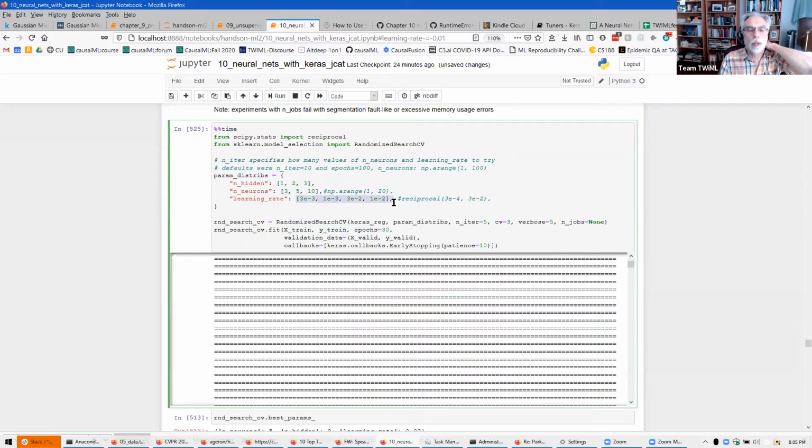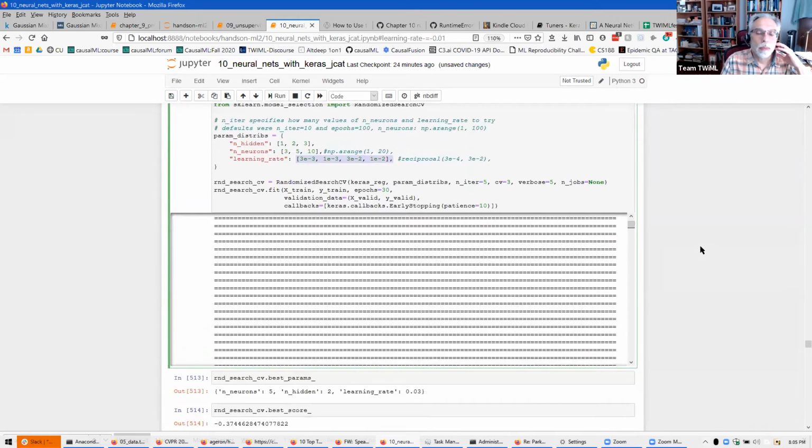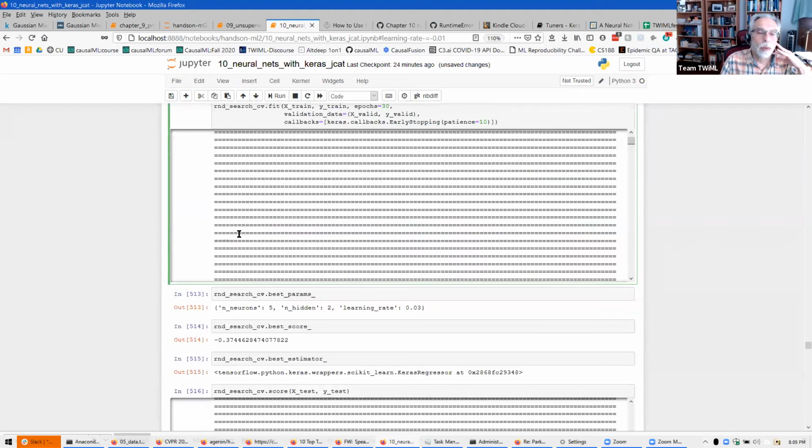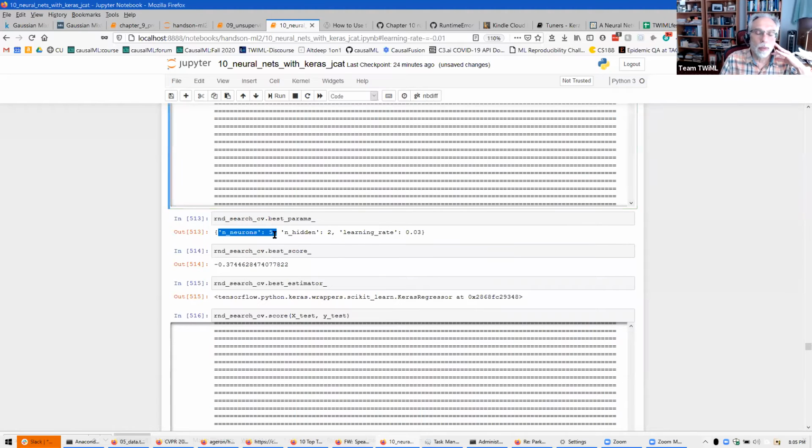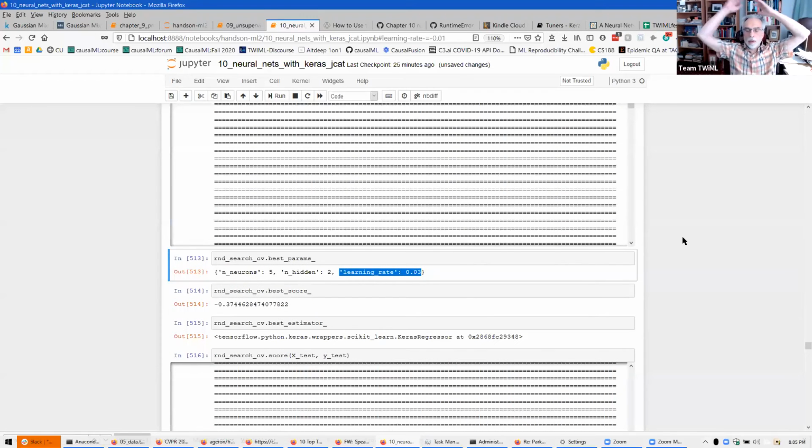So I ran it, and then you can get out the best parameters. Even though we told it our default was 30 neurons, it does best with 5 neurons. It only needs 2 hidden layers, and it likes a learning rate of 0.03, which is kind of like what we saw before. We saw that 0.05 was a good learning rate, so this set of parameters makes sense to me.